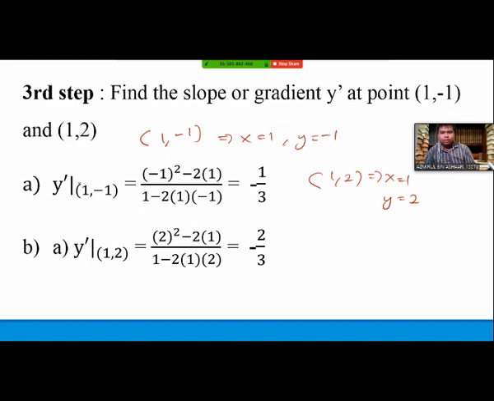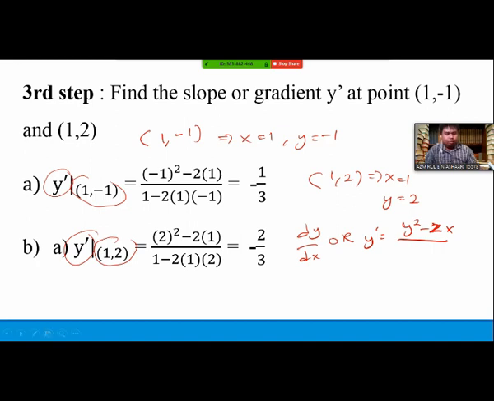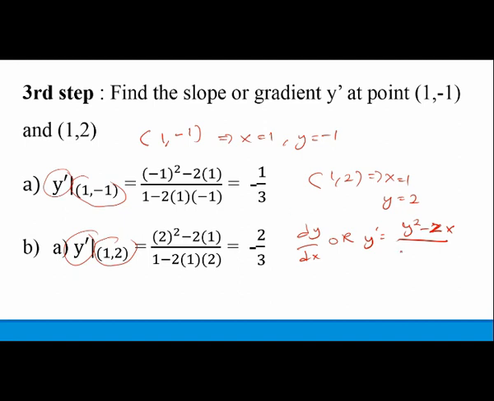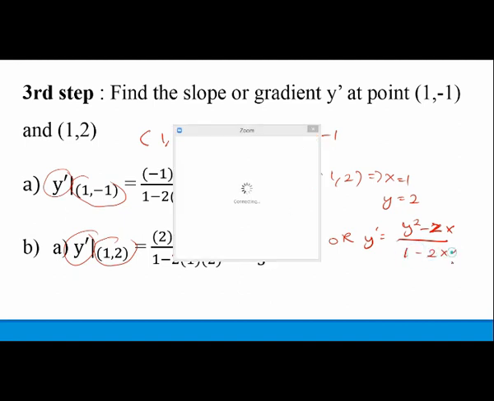I substitute this point into y prime and this point into y prime, which is we get dy per dx, or you can say y prime we got just now is y squared minus 2x divided by 1 minus 2xy.